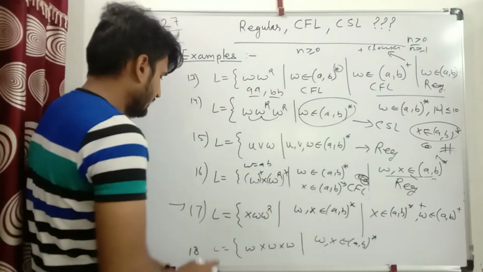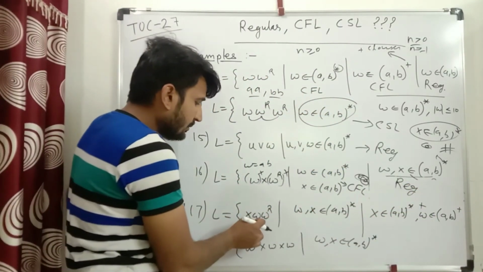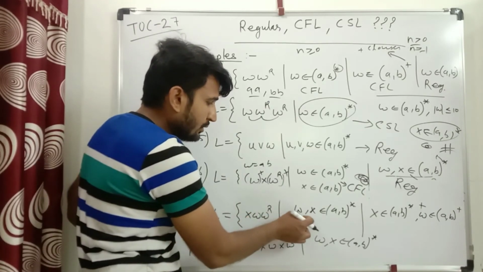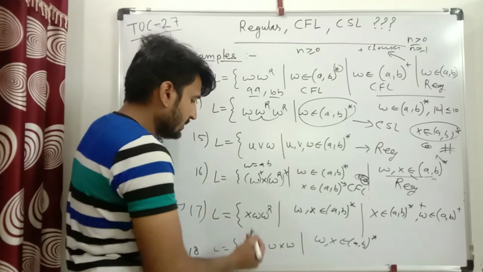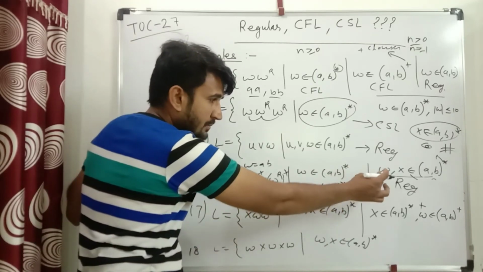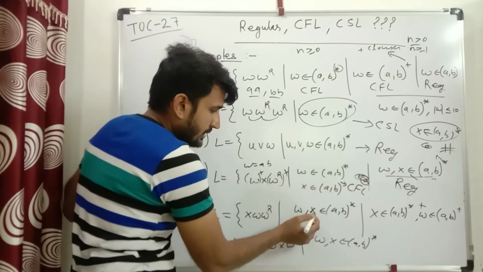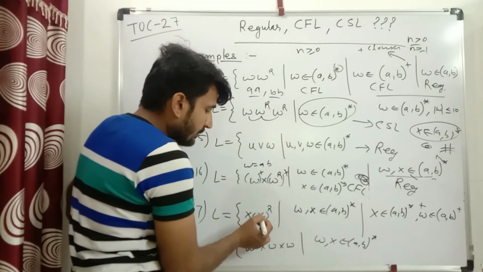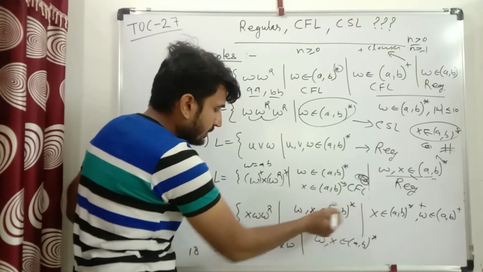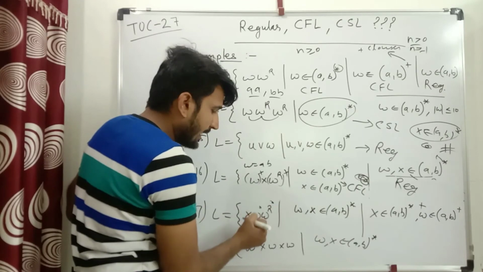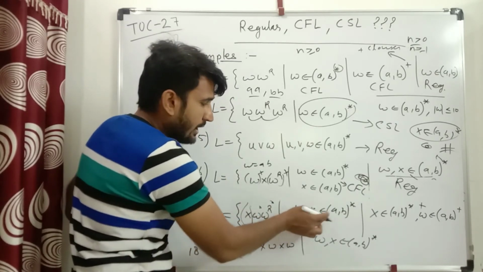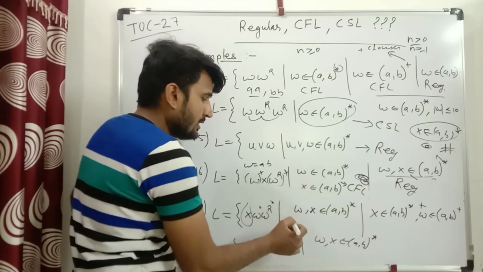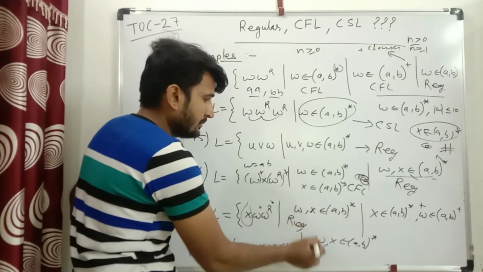This is CFL. Now this, X W W^R, where W, X belong to {a, b} whole star. We put W equal to 0, W^R also will be 0. Then X remains, X belongs to {a, b} whole star. So it is regular.